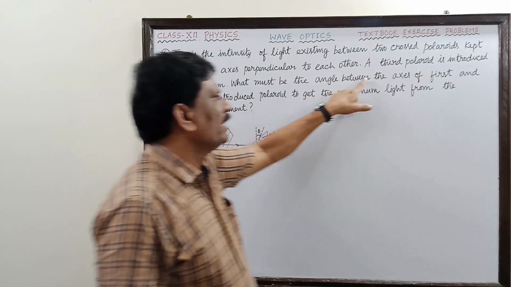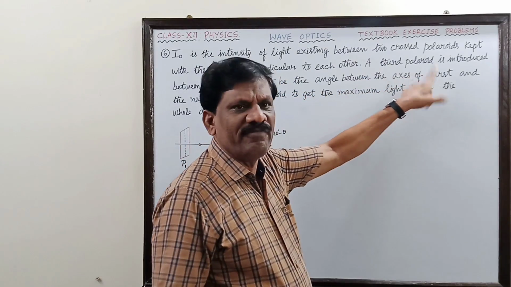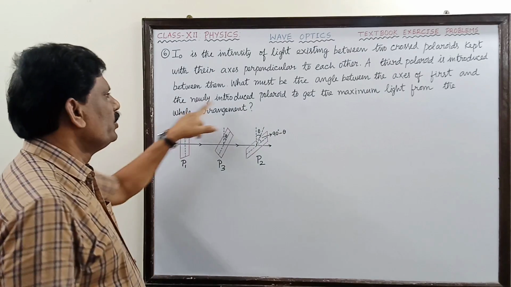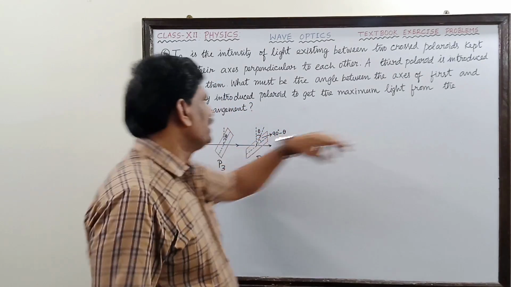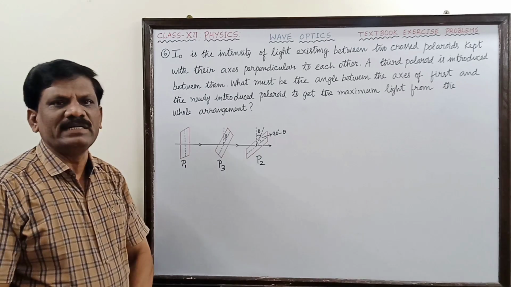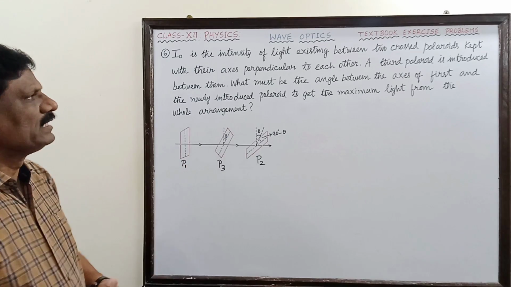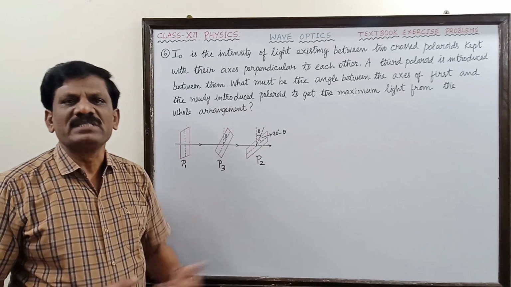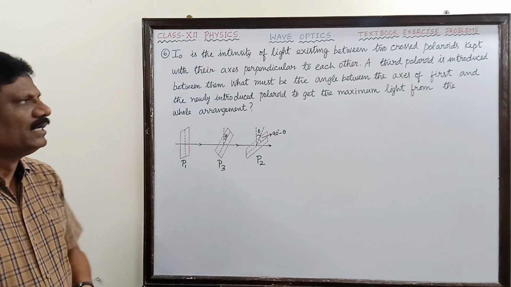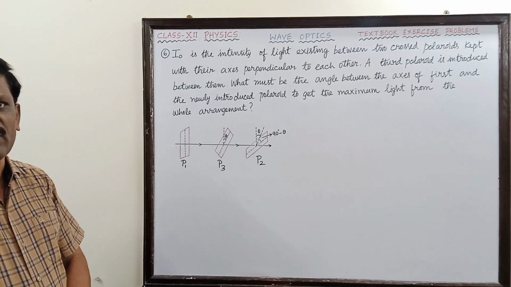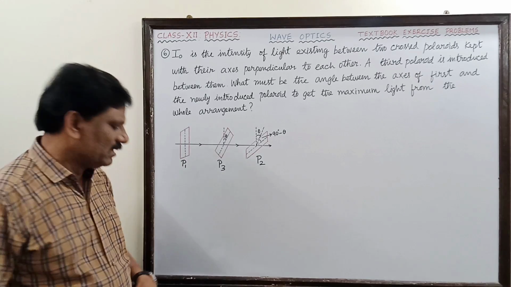What must be the angle between the axis of the first and the newly introduced Polaroid to get the maximum light from the whole arrangement? This question and similar questions have been asked in competitive exams many times before. Very interesting numerical problem based on Polaroids.